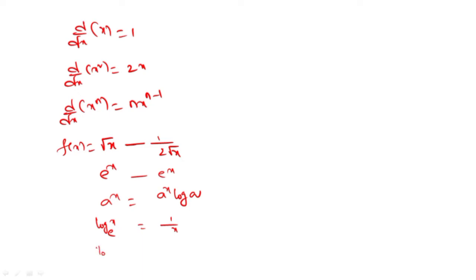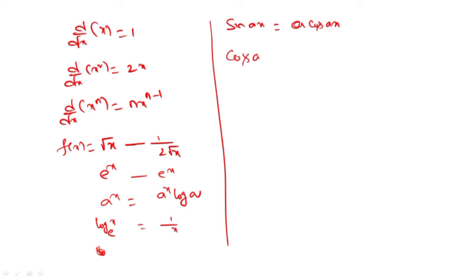Now sin ax is a into cos ax. Cos ax will be minus a into sin ax. Tan ax will be a into secant square ax.